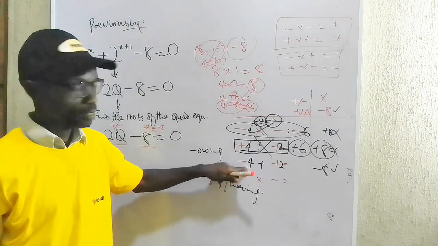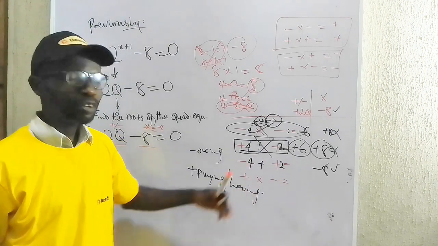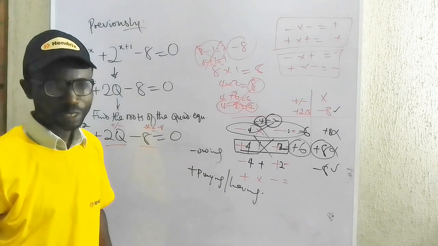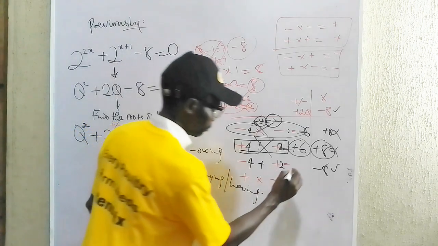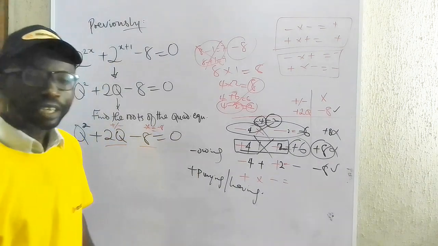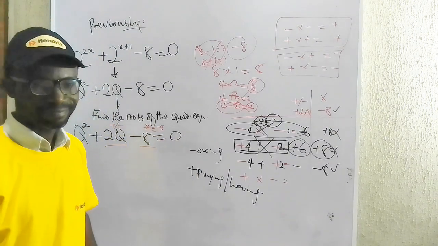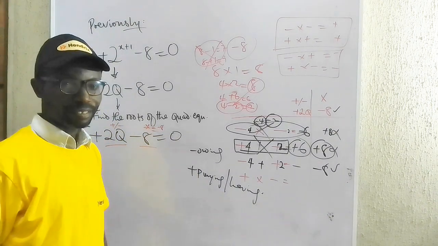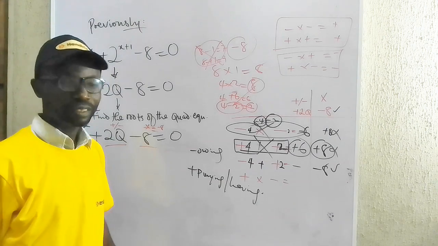Owing $4, paying $2. Question number 1, am I still owing? Yes. Minus means owing, right? Okay, how much am I owing? I have paid $2. That means I'm still owing $2.